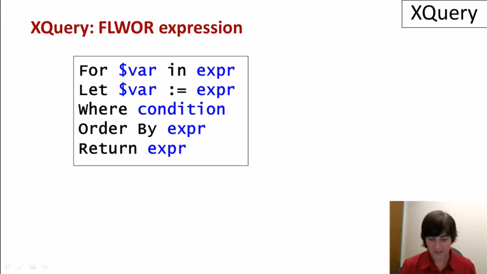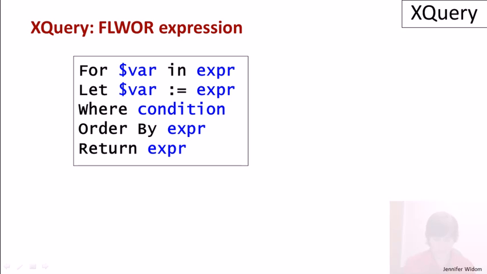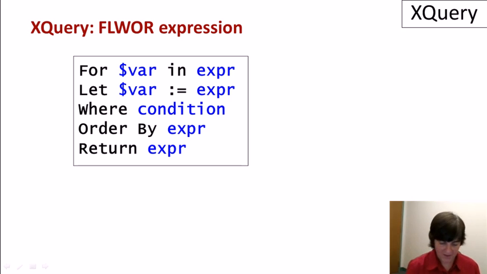Now, one of the most commonly used expressions in XQuery is what's known as the FLWOR expression, and it looks closest to SQL of any of the constructs in XQuery. Let me explain how it works. We have up to 5 clauses in that FLWOR expression, and that's where the FLWOR comes from. The for clause sets up what are known as iterator variables.